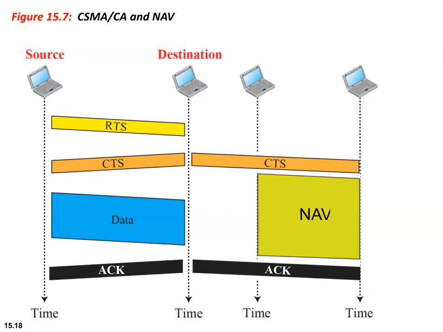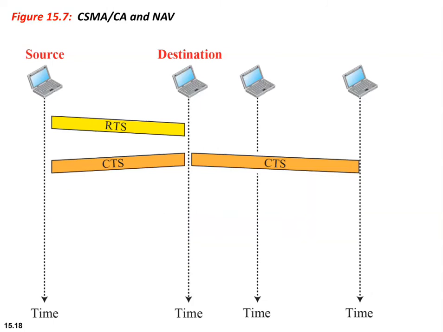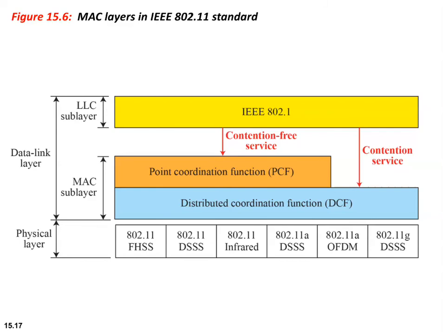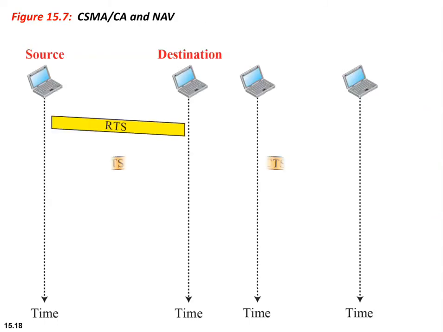That is what the distributed coordination function is. Just remember that the distributed coordination function is a protocol defined by the IEEE 802.11 standard at the MAC sublayer, and it uses CSMA CA as the access method, and provides a contention based service.